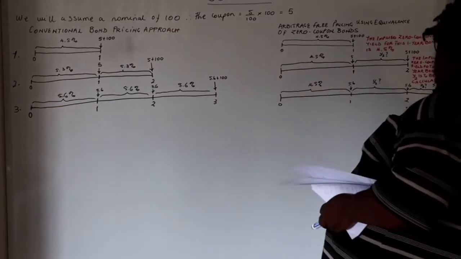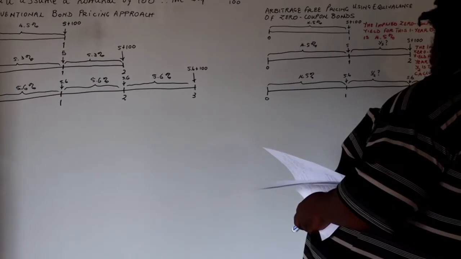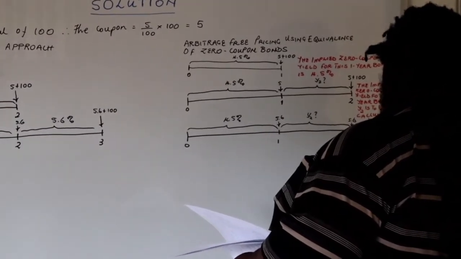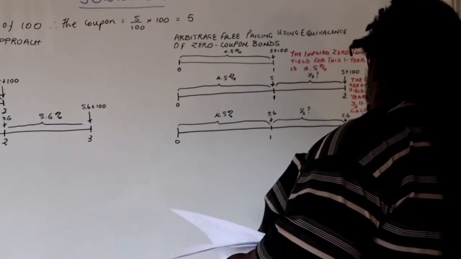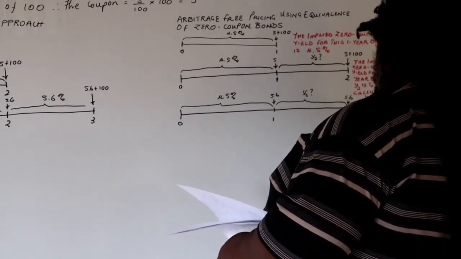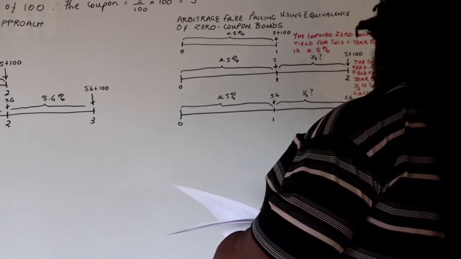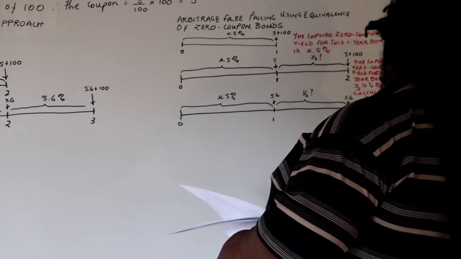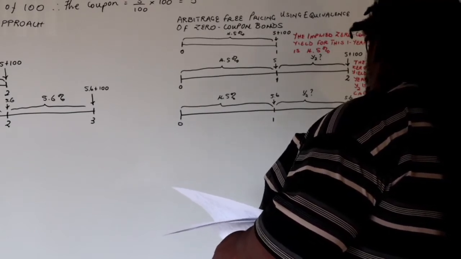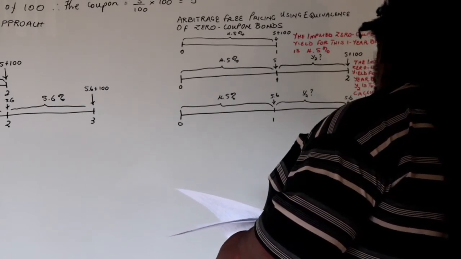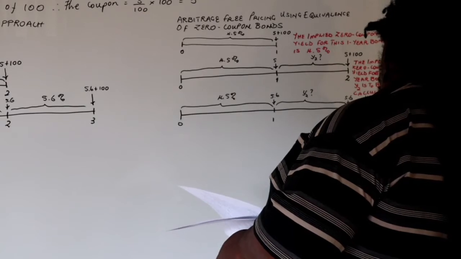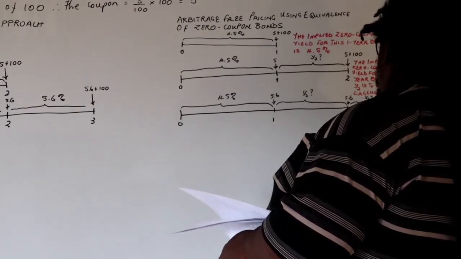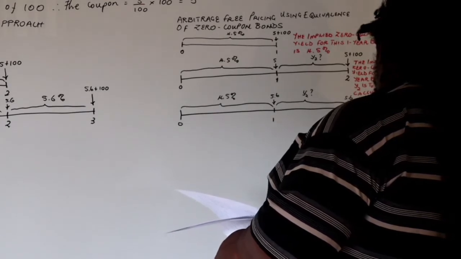Then we can say the implied zero coupon yield for this three-year bond is Y3 and is to be calculated.